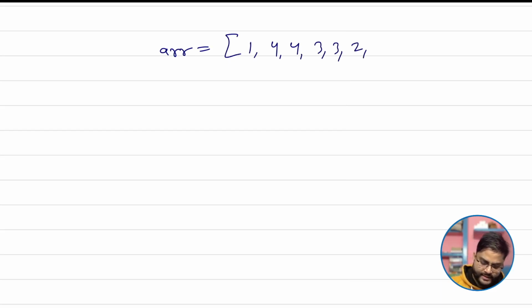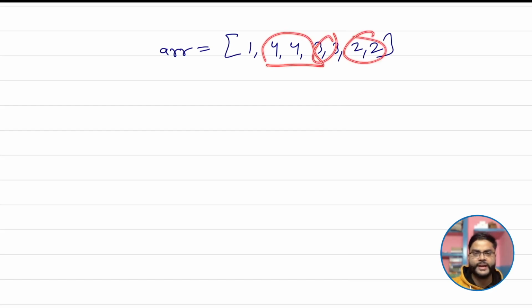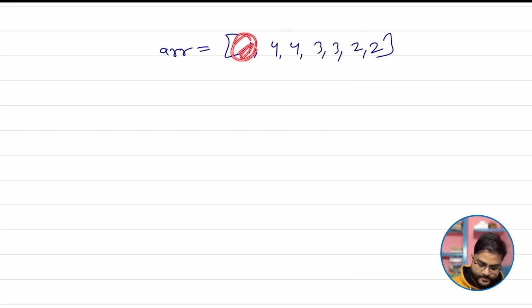What was our problem? We were given the array 1 4 4 3 3 2 2, so we had numbers in couples, and only one was single. I'm talking about the problem. So how can we use our XOR?